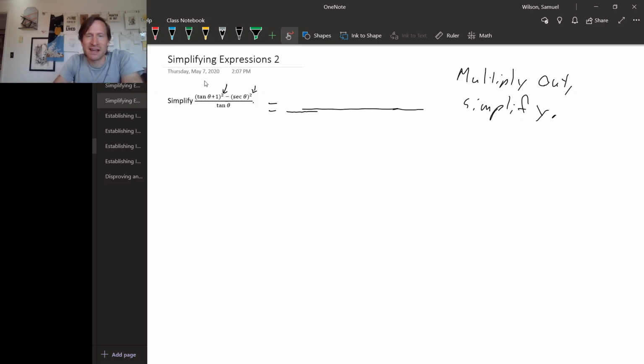Multiplying out this tangent theta plus 1 squared gives us tangent squared theta plus 2 tangent theta plus 1, and then minus our secant squared theta. There's not much we can do with that, so let's leave that as secant squared theta, all over tangent theta.